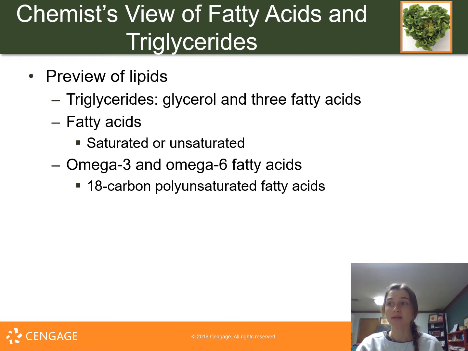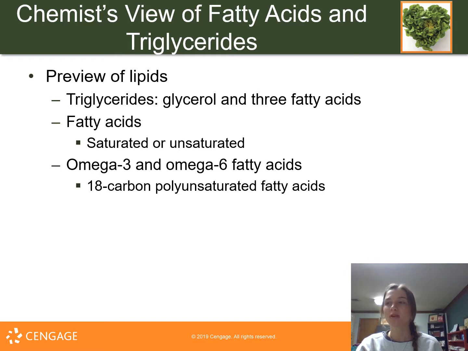And then for the polyunsaturated, those are going to be called linoleic or linolenic acid. But that's just getting more into detail. The main thing is that right now the carbon chains can vary in length.